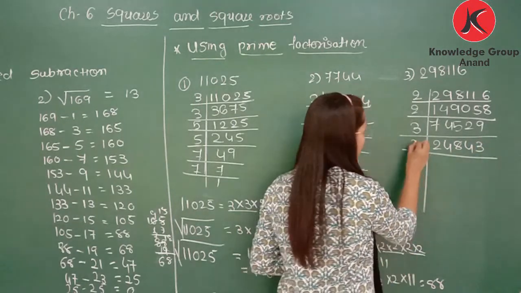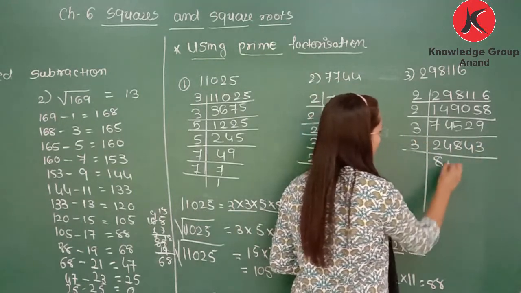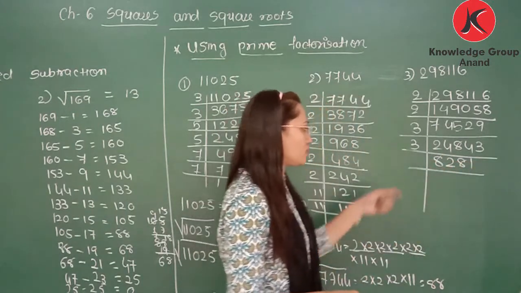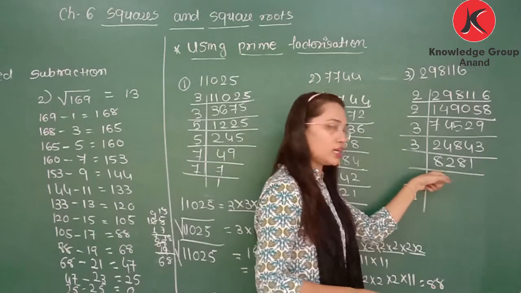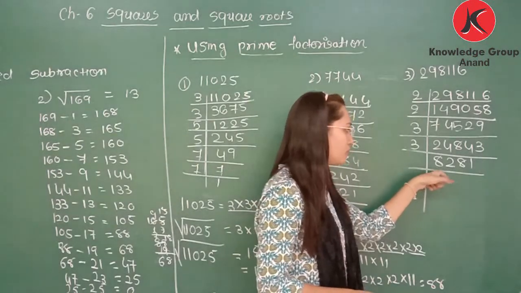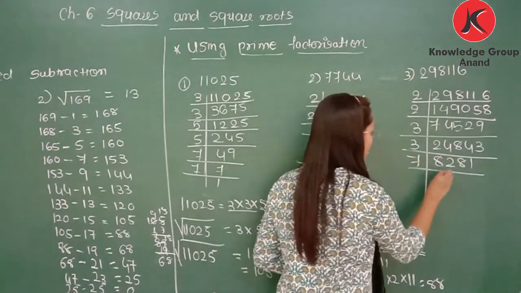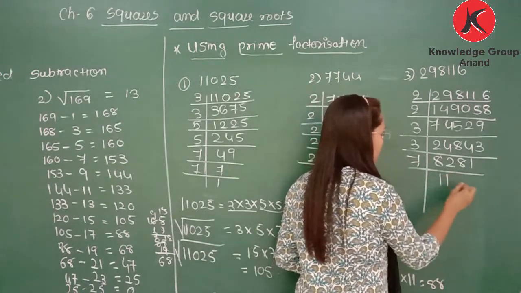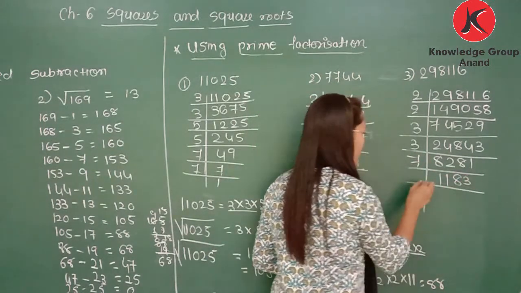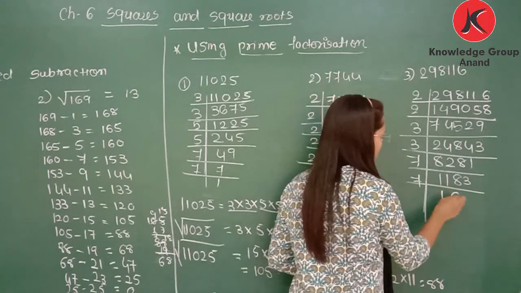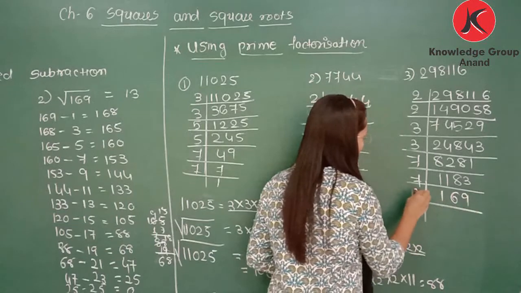Now this number is divisible by 3 again. 8 8 5. Now this number is not divisible by 3, and it is not divisible by 5. Now the next number is 7. Let's check it with 7. Now next number is again 7. Then 13, 13.